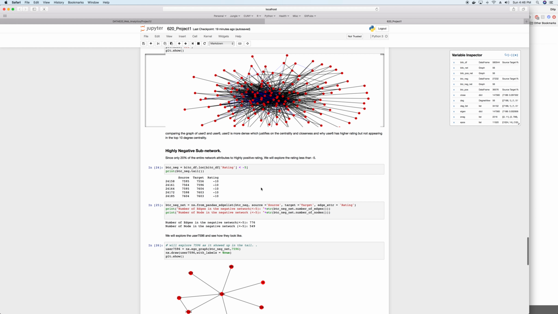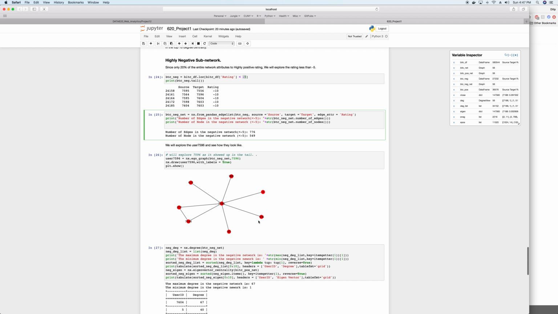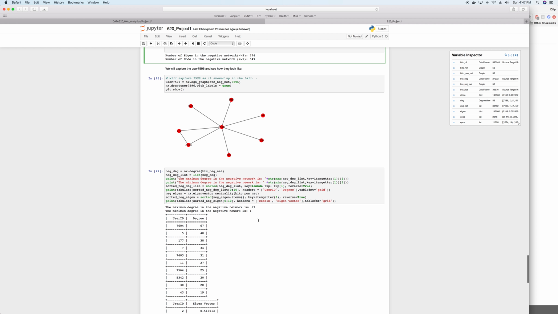The next thing that we did was the negative network classification, and then we repeated the same experiment again. Instead of going less than 0, we went less than -5, and then we looked at the number of edges and nodes in the network.